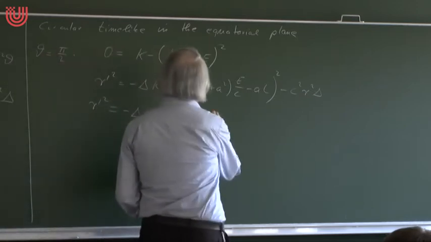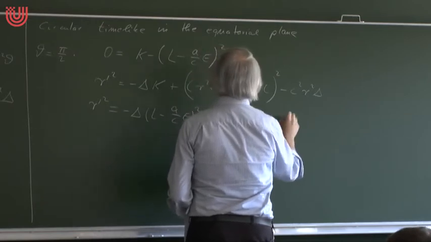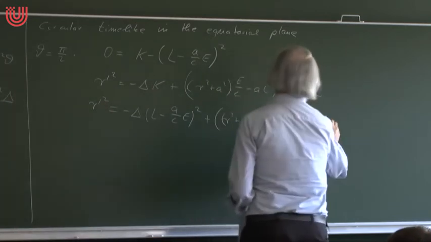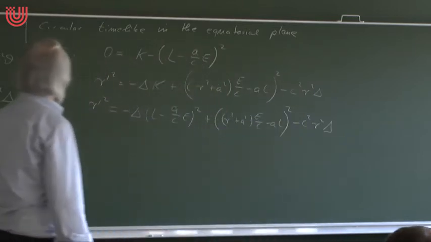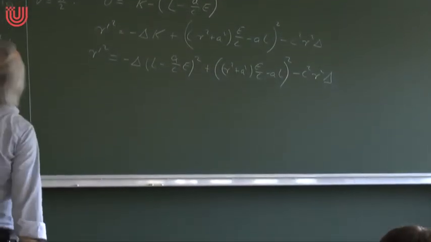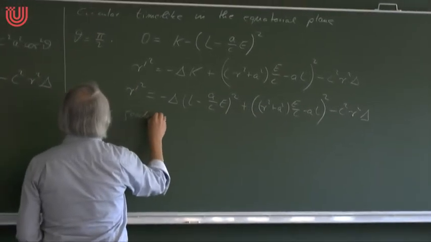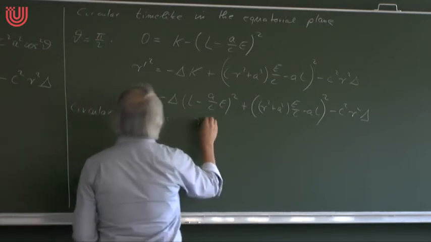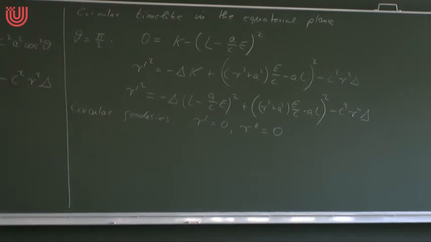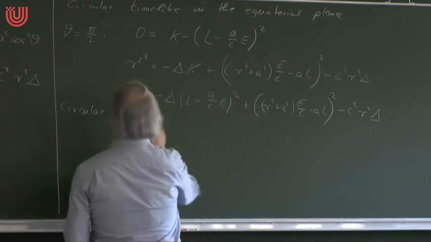Let me write it again: plus r squared plus a squared, E over c, minus a L, minus c squared r squared delta. Okay. And now I want to have circular geodesics. This means that I have r prime equals 0 and r double prime equals 0. Or maybe I could calculate r double prime first, maybe that's better.